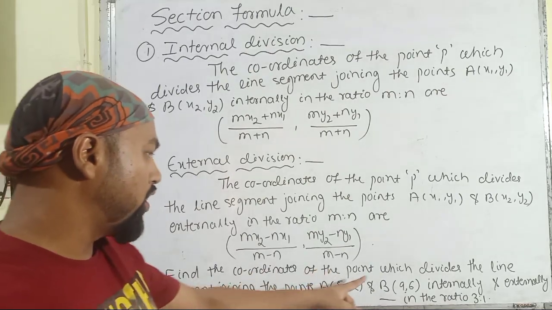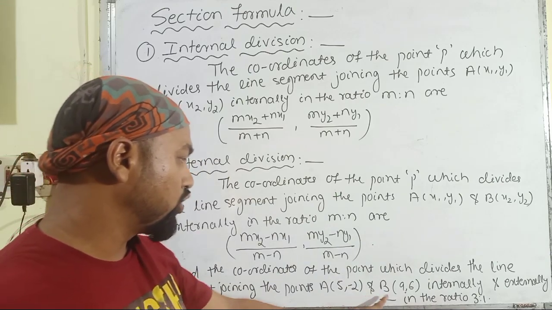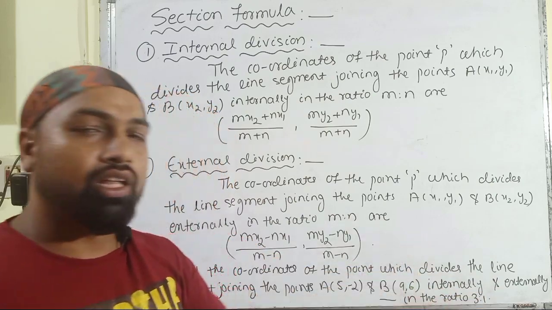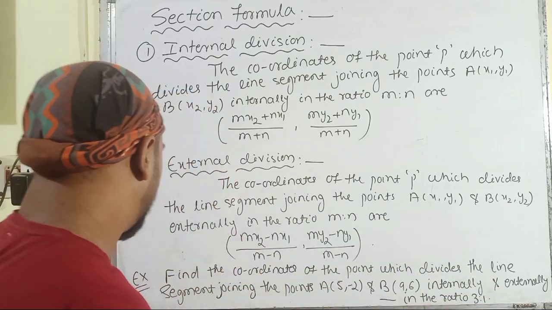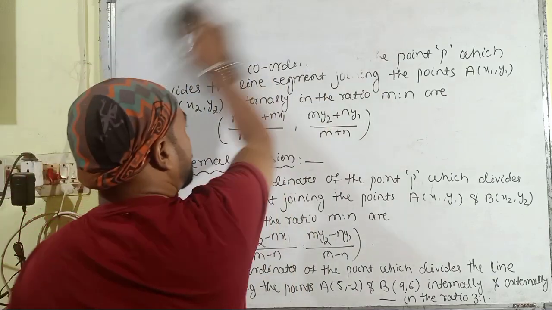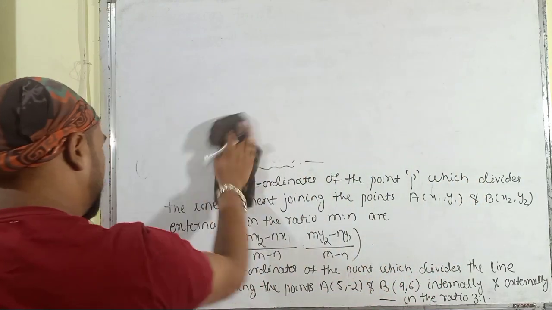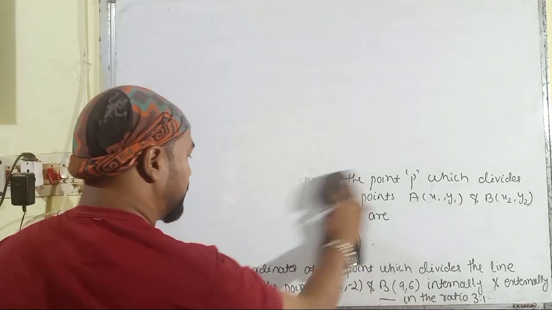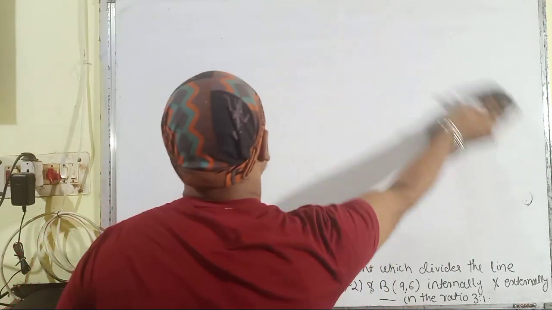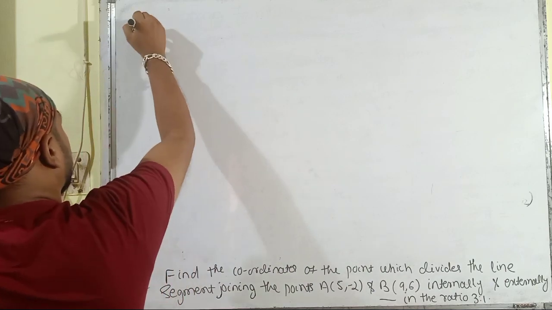Find the coordinates of the point which divides the line segment joining the points A (5, -2) and B (9, 6) internally as well as externally in the ratio 3 is to 1. So let us solve this problem. Here is the solution.